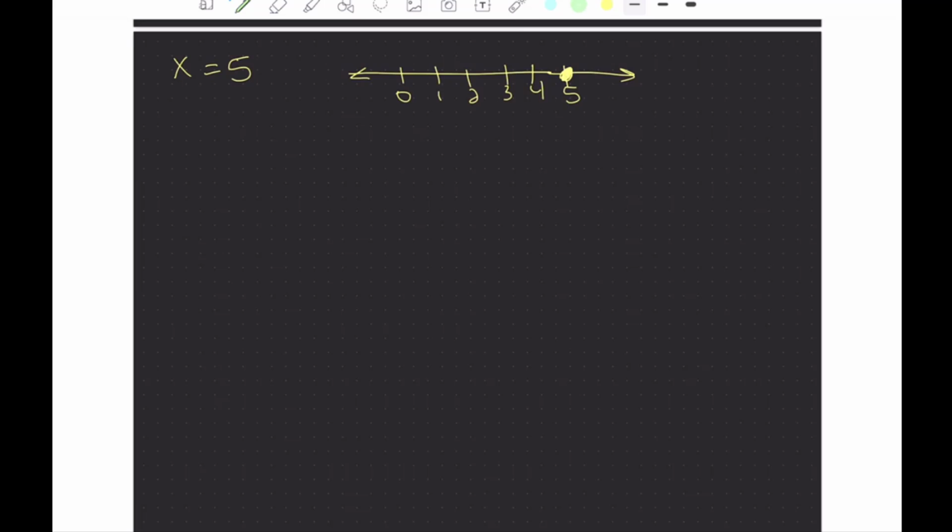So if you thought of this as still being that x-axis, you can draw a vertical line, and no matter where you are on that line, x is always going to equal 5, right? But if we think of just that one spot on the x-axis, that would be 1 dimension.